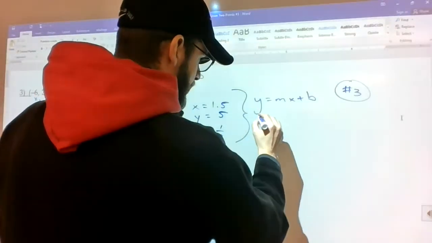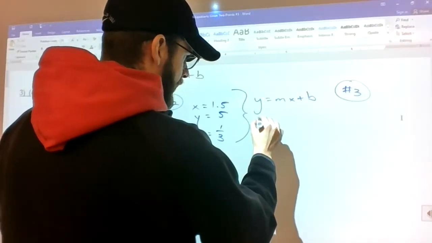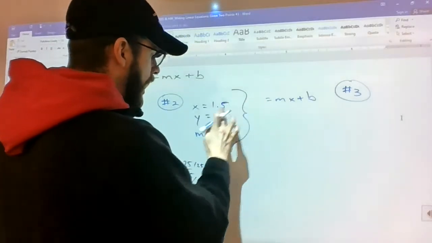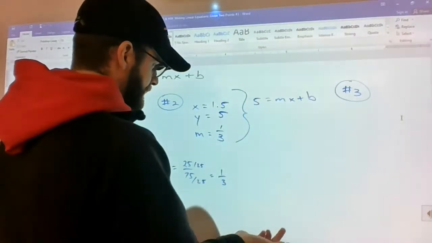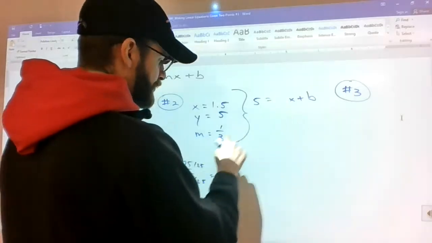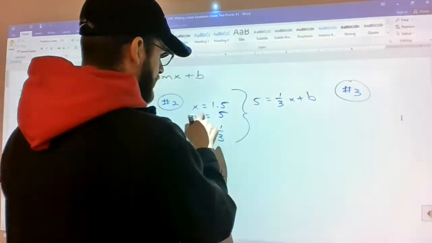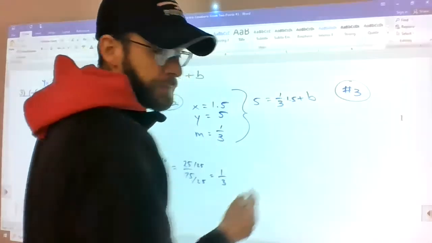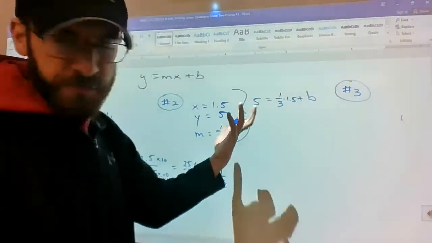So doing that plug-in, 5 goes in place of the y. In fact, let me show you guys in a different way. y literally gets replaced with 5. m gets replaced with 1/3. x gets replaced with 1.5, and we're assuming multiplication's happening between the two, and then there's plus b.